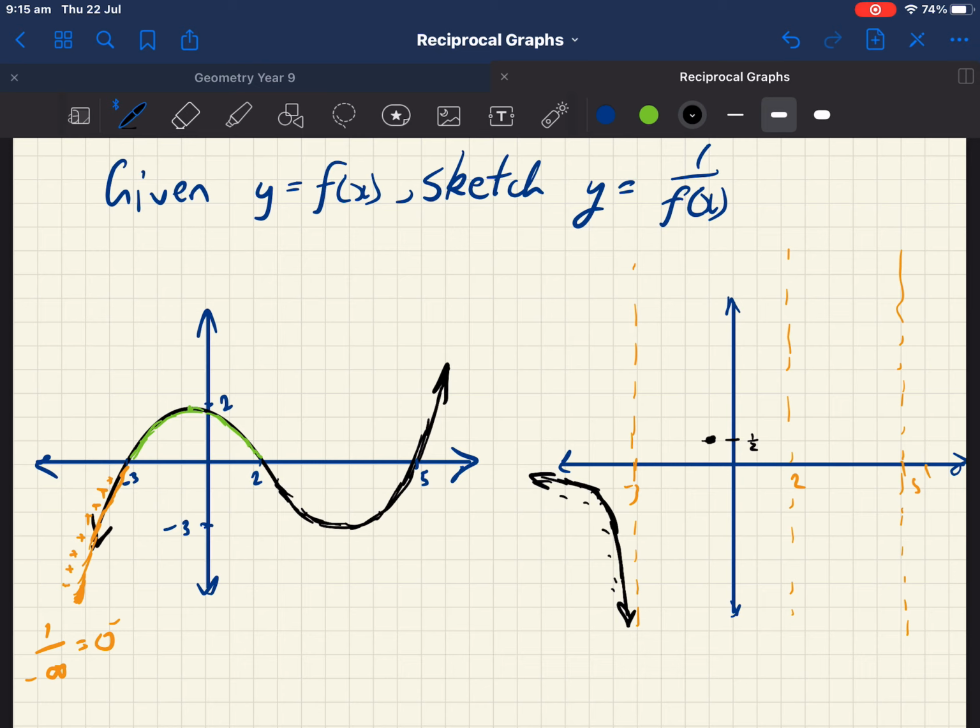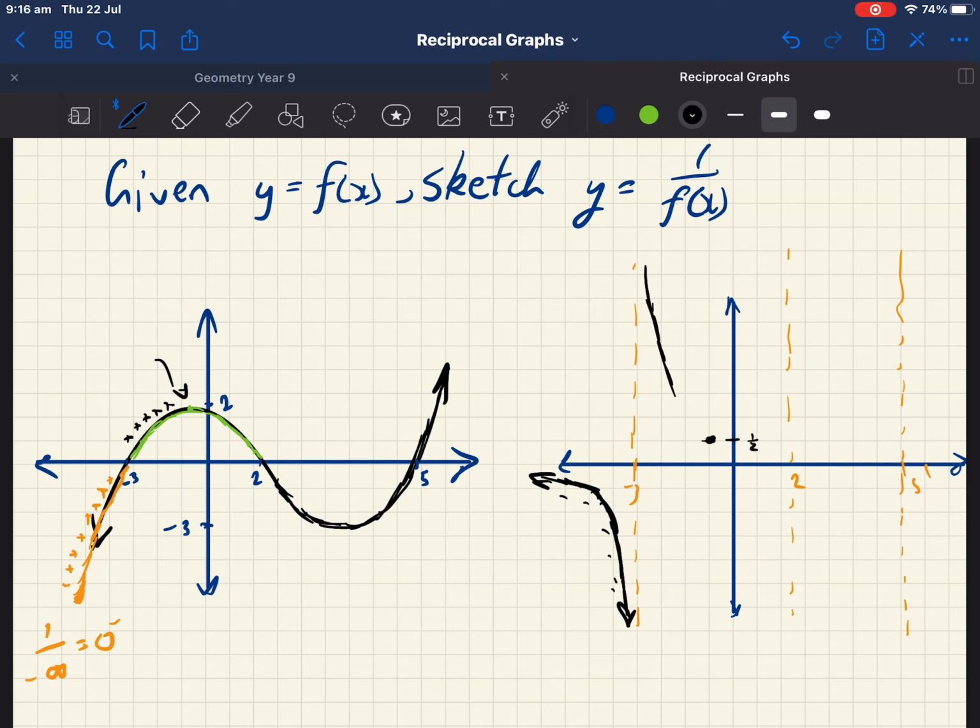At -1/2, the y value will be 1/2, the reciprocal of 2. I'm drawing an arrow to that point because I'm talking about that point right there. On this left-hand side, f of x was increasing. It had a positive gradient, so our reciprocal will need to have a negative gradient.